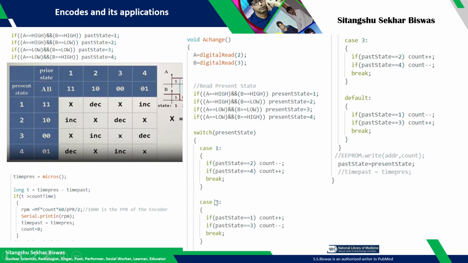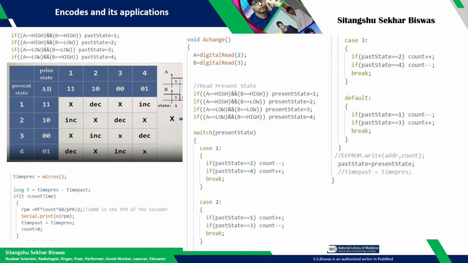Also for case 2, which means that the present state is equal to 2, there are also two if statements. If the past state is equal to 1, the counter increases, and if the past state is equal to 3, then the counter decreases.